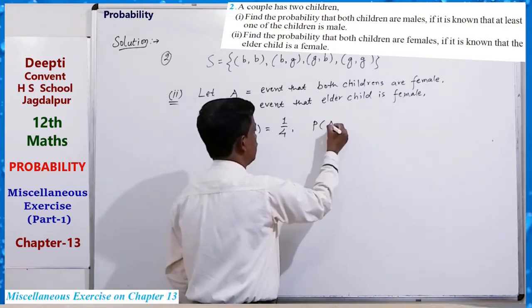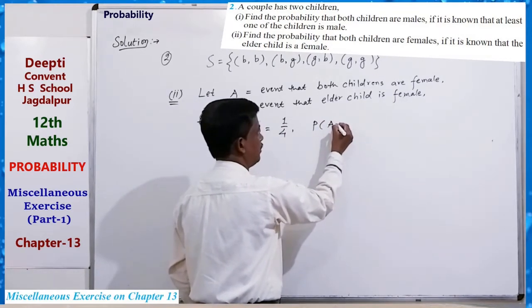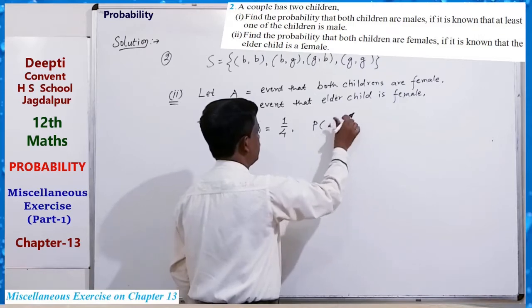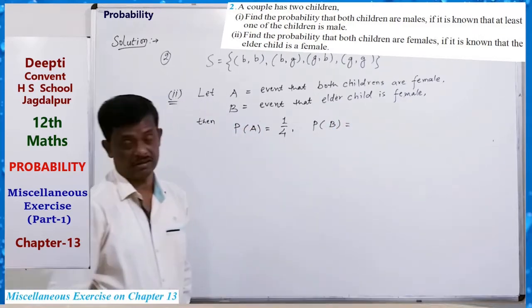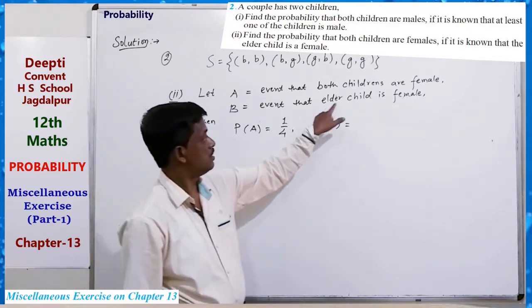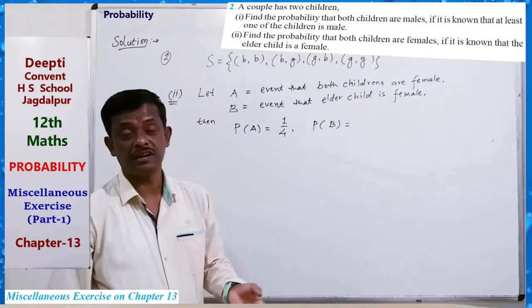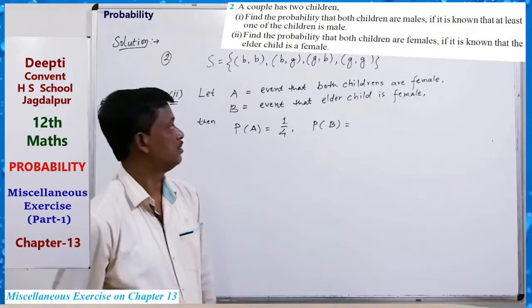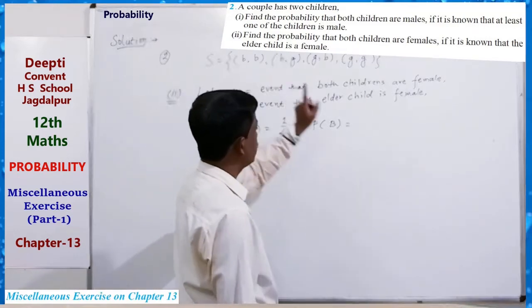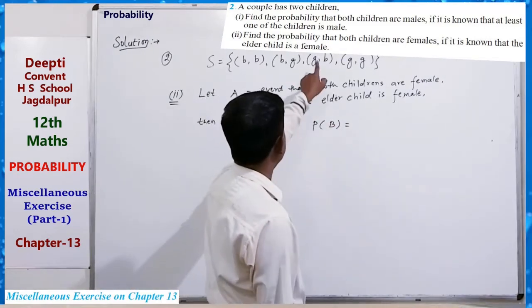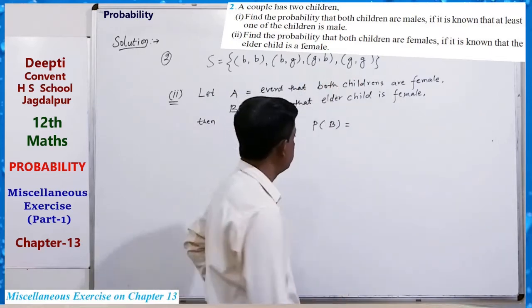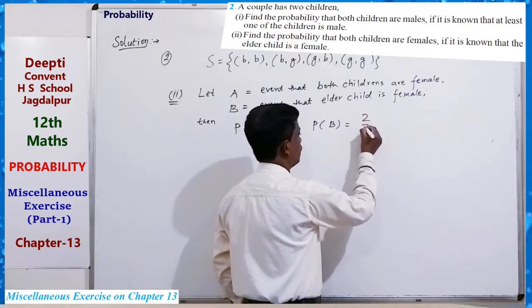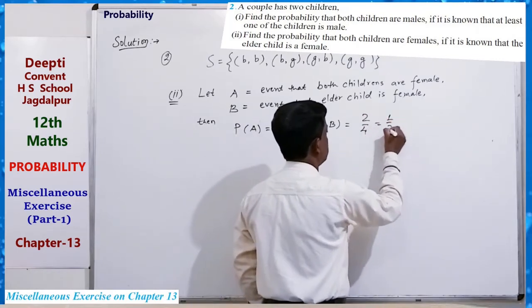And P(B), what will be P(B)? The elder child is female. Elder means first position, so female, which gives 2 cases, 2 by 4 equals 1 by 2.